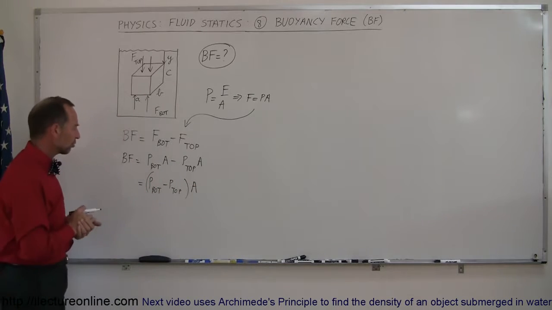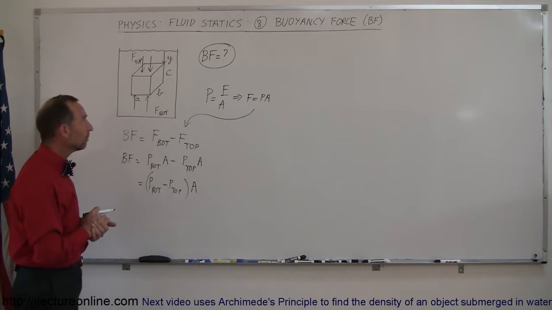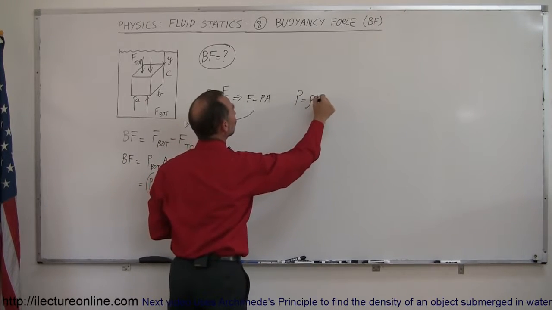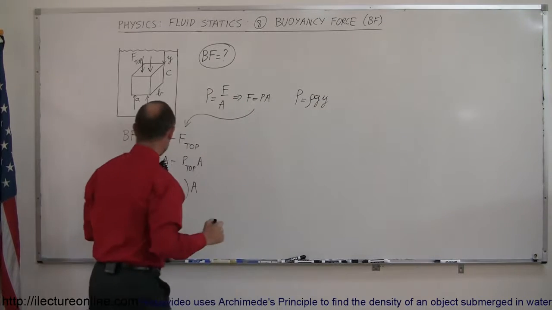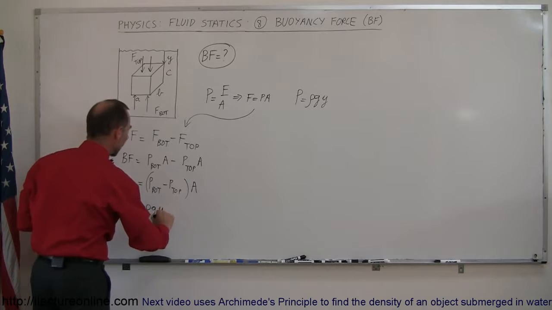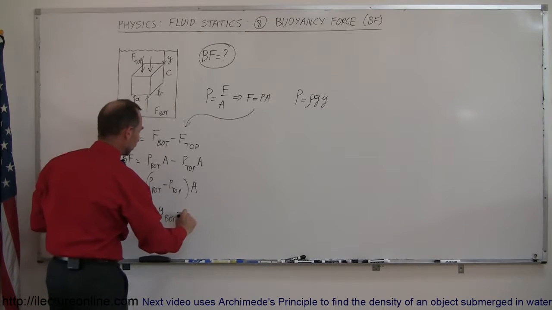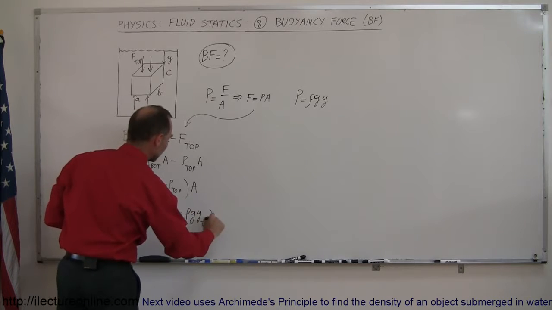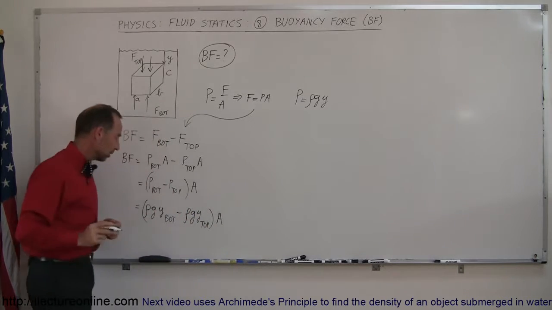So what is the pressure at the bottom? The pressure can be found by P equals rho g y. So this is equal to rho g y at the bottom of the cube minus rho g y at the top of the cube, times the cross-sectional area.